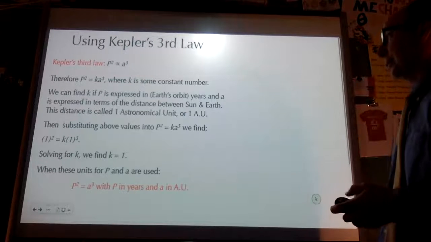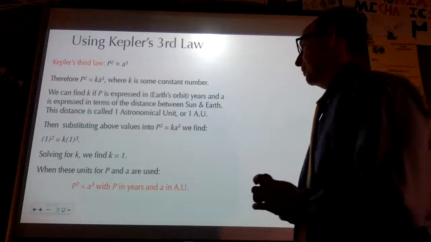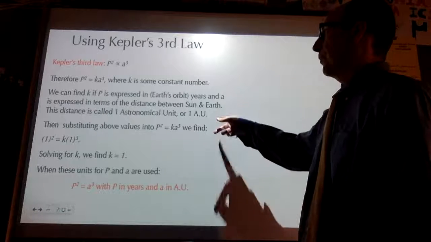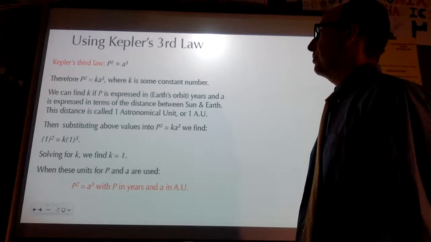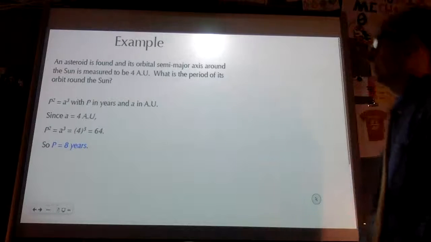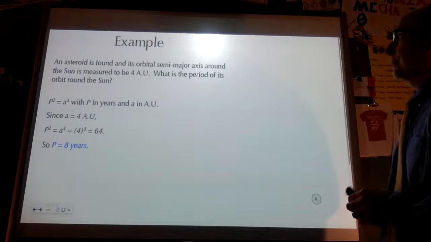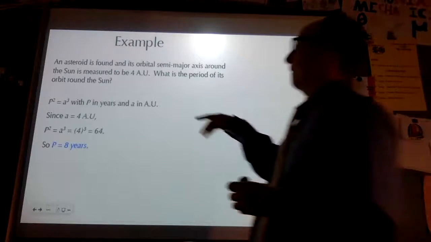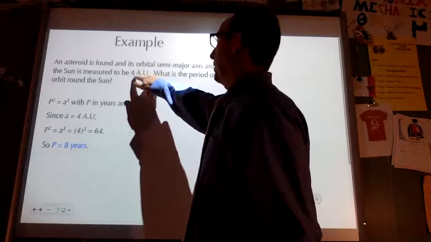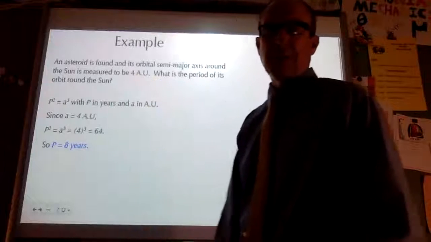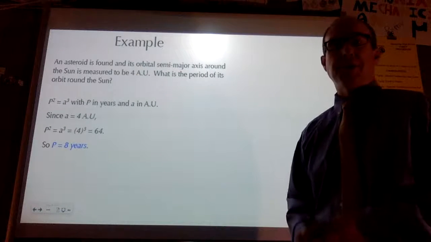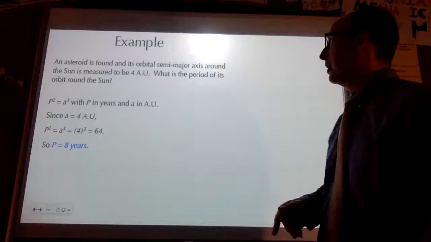So we have this ratio from Kepler's third law. If you know what the semi-major axis is, these are measured in astronomical units. That's the average distance between the Earth and the sun.